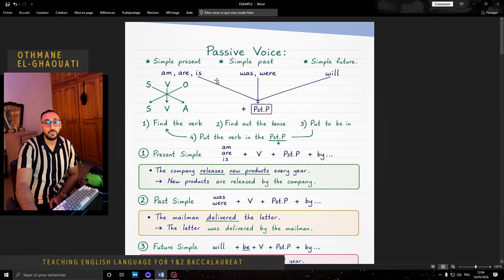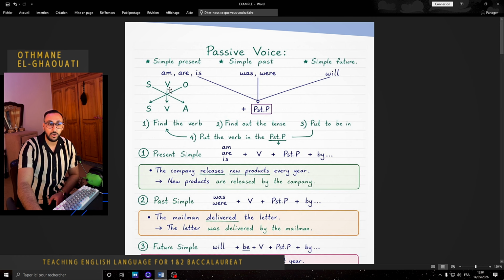Okay, so this is the most important thing that you should know: the passive voice is always about a subject, a verb, and an object. The object in the active form becomes the subject in the passive form, the verb stays as the verb, and the subject becomes an agent. This is the most important thing.